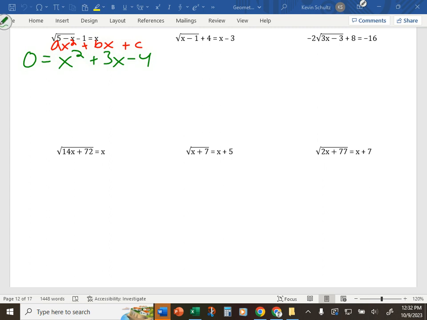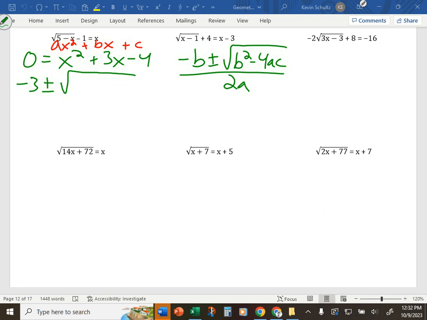So when you go to the quadratic formula, negative b plus or minus the root of b squared minus 4ac, over 2a: -3 plus or minus the root of 3 squared minus 4 times a, which is 1, times c, which is -4, all divided by 2 times 1.